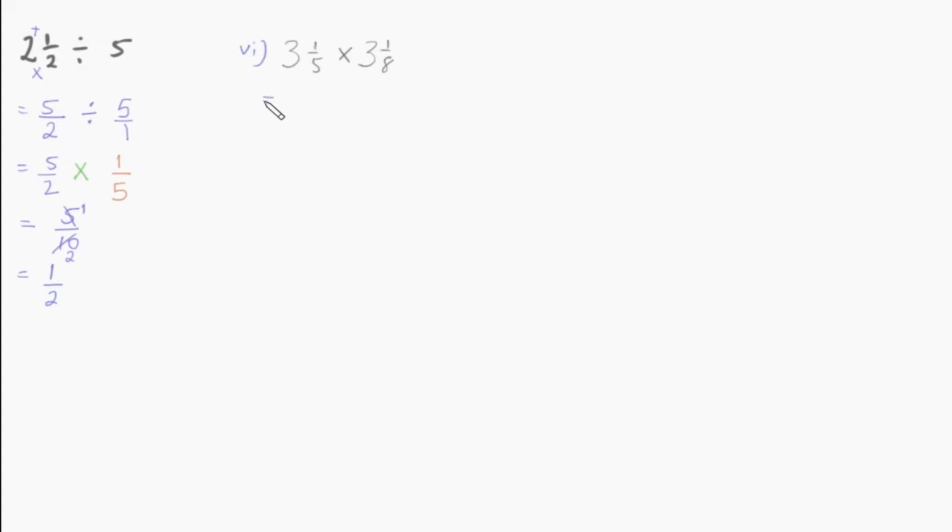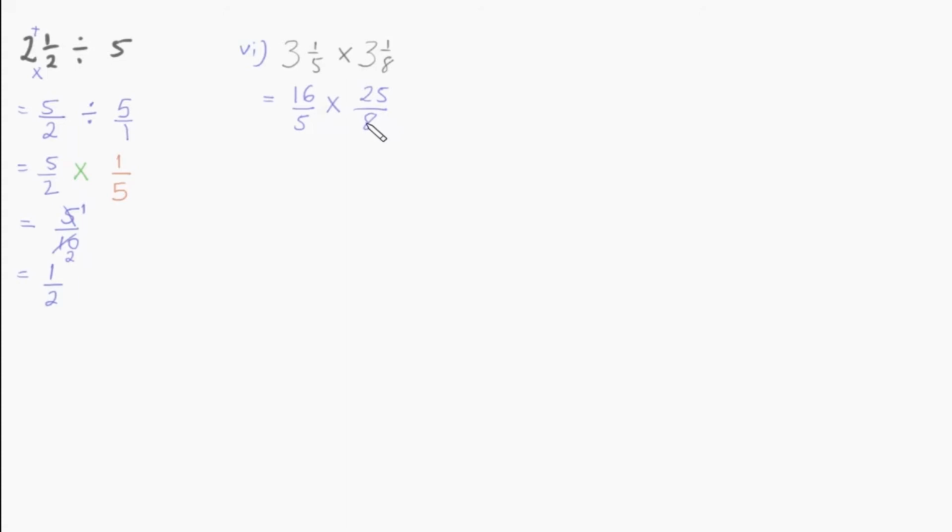So we have 16 over 5, then times 8 times 3 is 24, plus 1 is 25 over 8. Now, what am I doing here? I'm going to multiply fractions. So all I need to do is to multiply the numerator by the numerator, and then the denominator by the denominator.